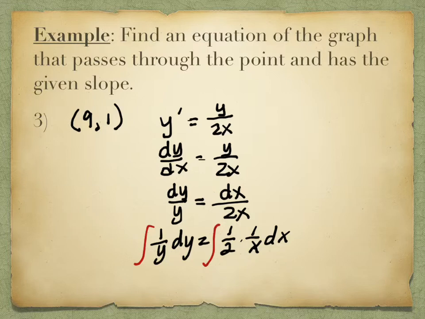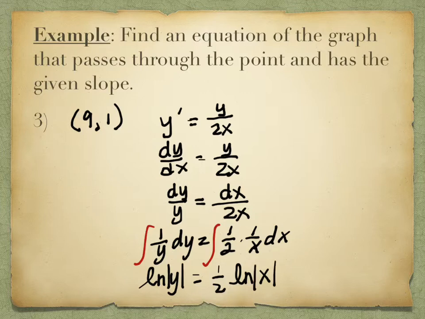So on the left-hand side, we end up with the natural log of y. And on the right-hand side, we end up with the 1/2, and then the natural log of x, and each of these are absolute values. And then I have plus, and I'm going to call it plus c1 for the moment.